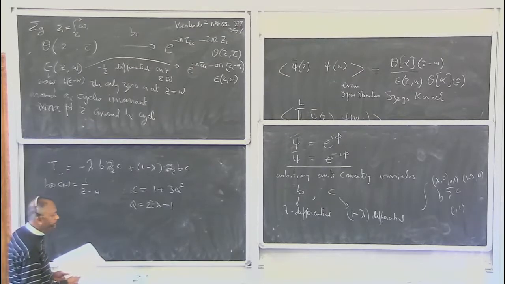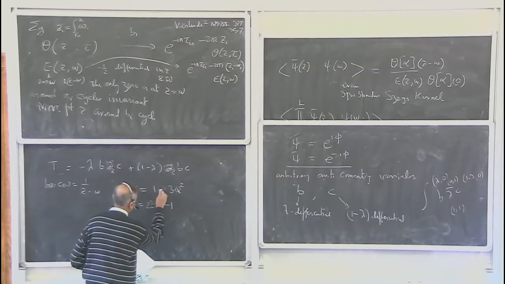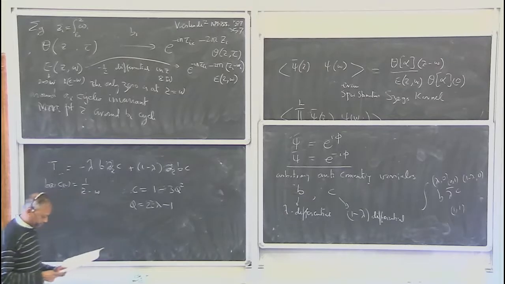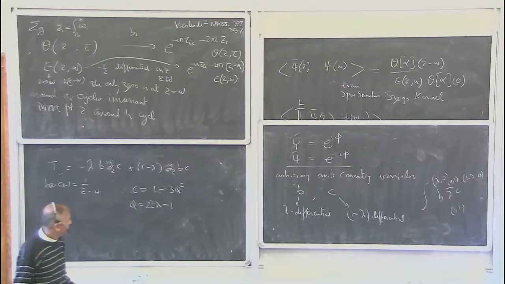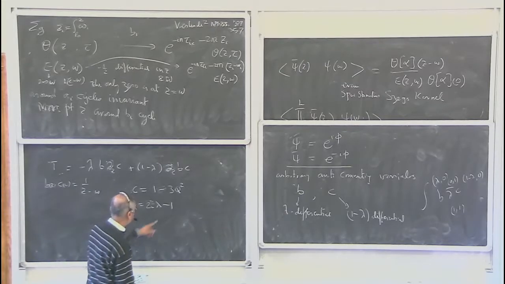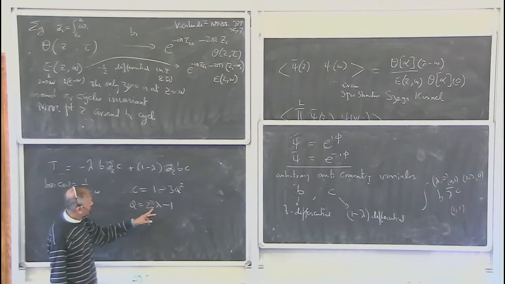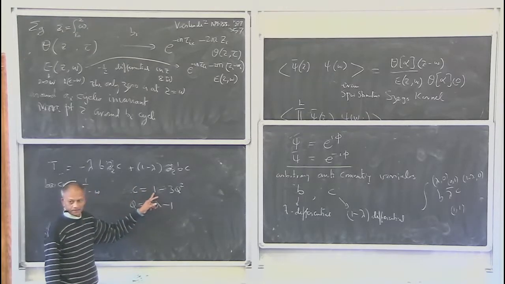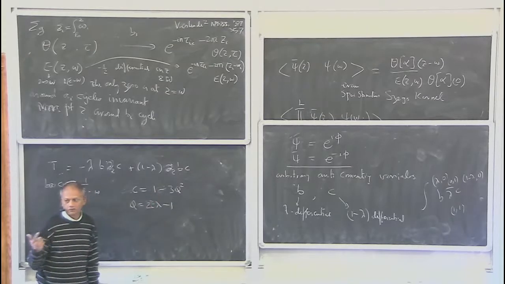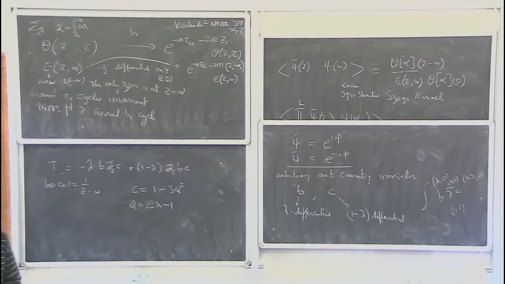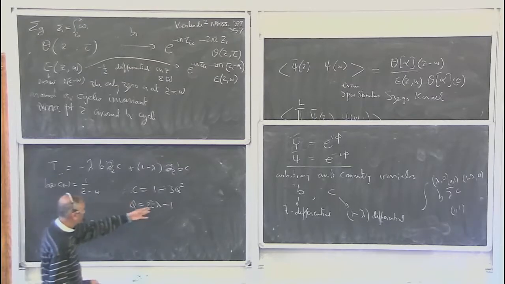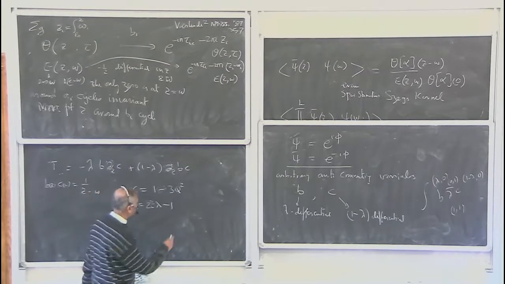Minus 1. 1 minus 3Q squared. Correct. Exactly. So then this will produce the correct thing. So for example, if lambda is half, then this cancels and you just get c equal to 1. That is for one complex fermion, central charge is 1. And for lambda equal to 2, you get minus 26.